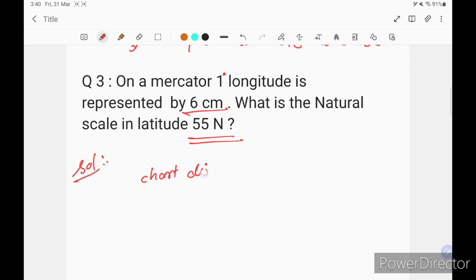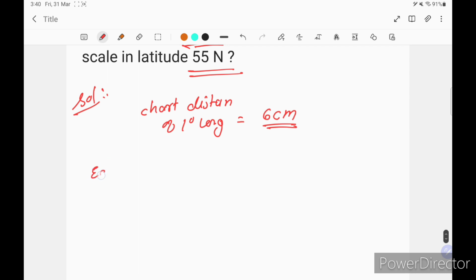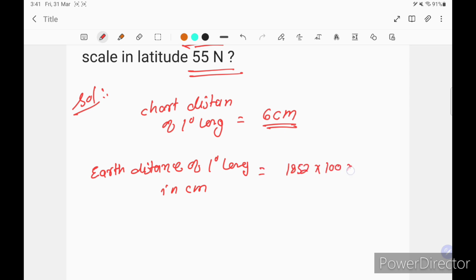Put the value in the formula. Chart distance of 1 degree longitude is given as 6 cm. Okay, so earth distance of 1 degree longitude in cm is equal to 1852 into 100 into 60 into cos latitude.